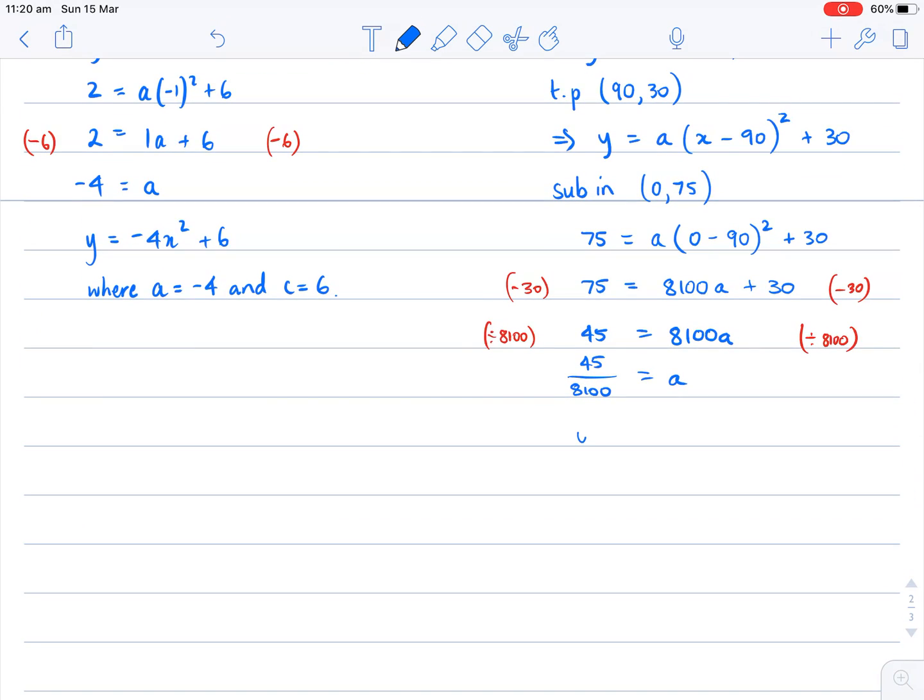And I've got my a value. So I can write my rule as y equals 45 over 8,100 bracket x minus 90 squared plus 30.